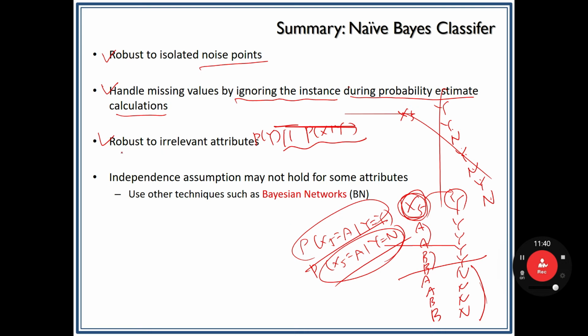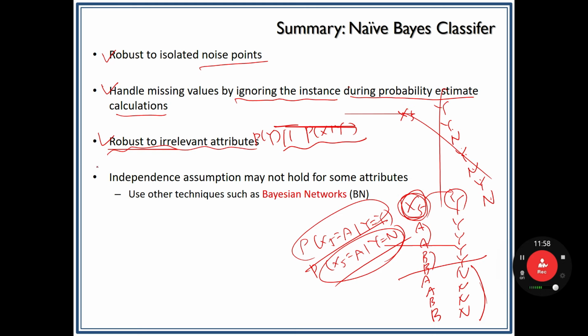So the naive-Bayes classification method is quite robust to irrelevant attributes. Even though our training set has irrelevant attributes, we can naturally ignore them.